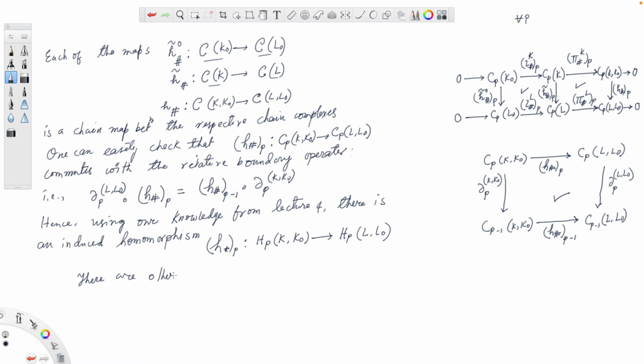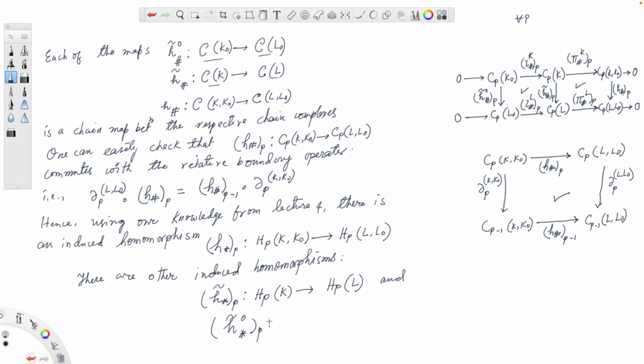There are other induced homomorphisms H tilde star at P, which is a group homomorphism from the group HP of K to HP of L, and H tilde 0 star at P from HP of K0 to HP of L0.